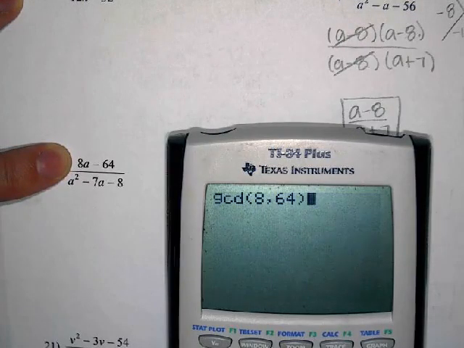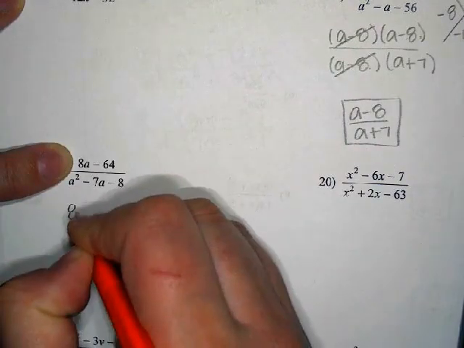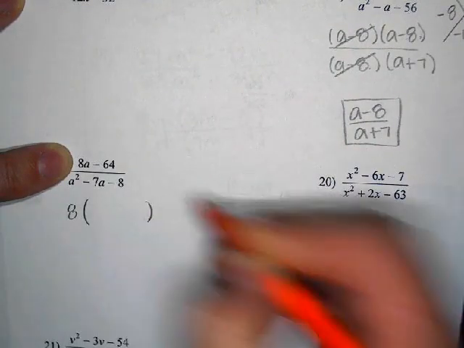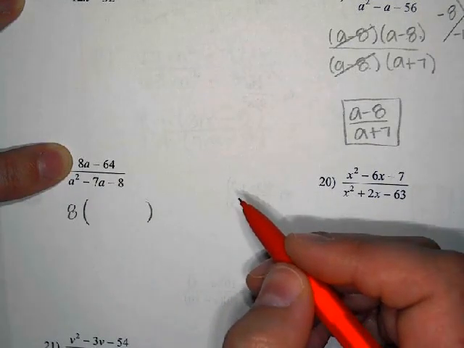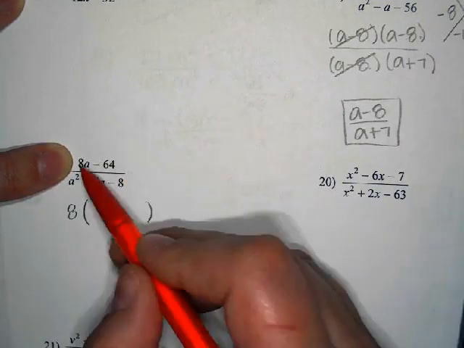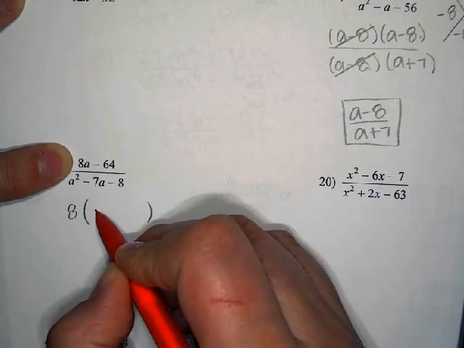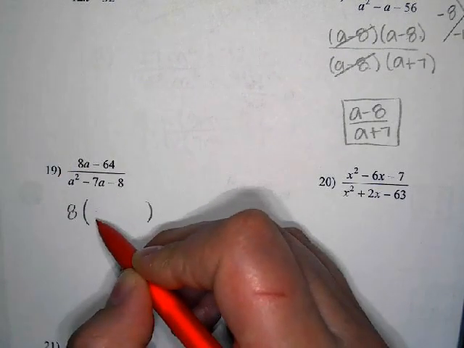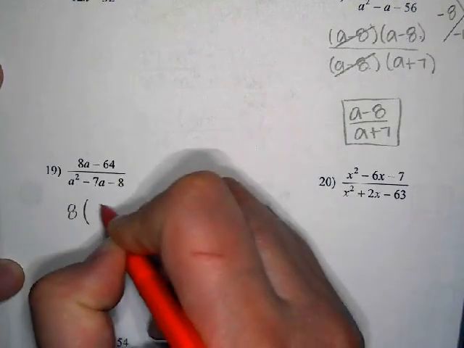And when I take out 8, what are the leftovers? 1. Yep. 8 divided by 8 is 1. So 1a, and you can write the 1 or not write the 1. Most people would probably not write the 1. They would just say a minus 8. 64 divided by 8 is 8. Okay?